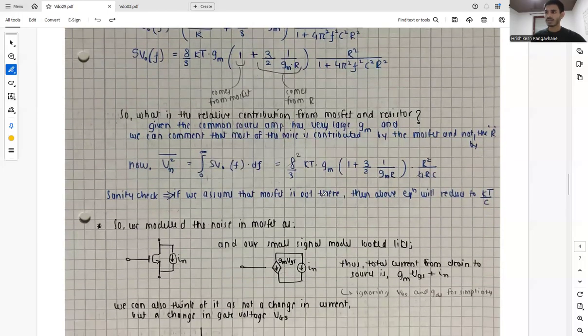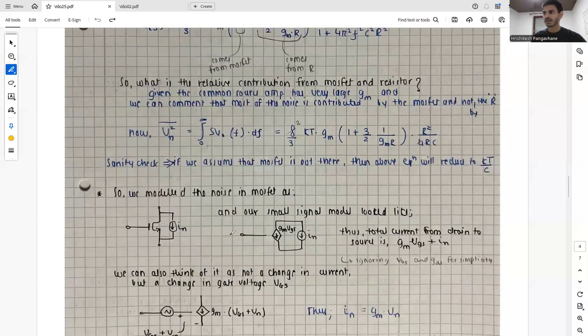So we model the noise in the MOSFET, and our small signal model looks like this. Thus the total current from drain to source is nothing but gm times VGS plus In, and here we are ignoring VBS and VDS for simplicity.